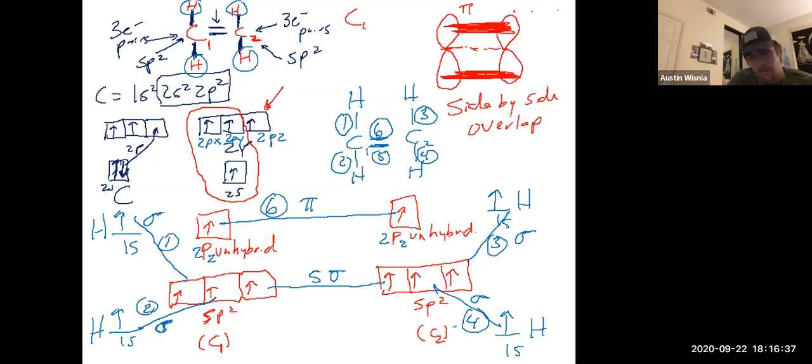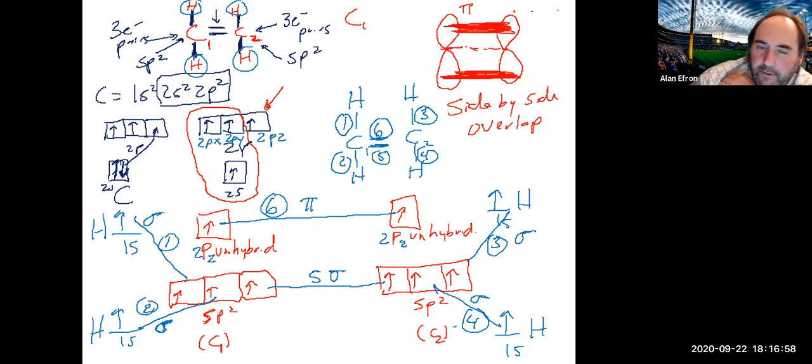Yeah, I had a question. Will there ever be a time where we have the 2px be unhybridized and also have hybridization taking place? You most likely will not necessarily have the 2px.